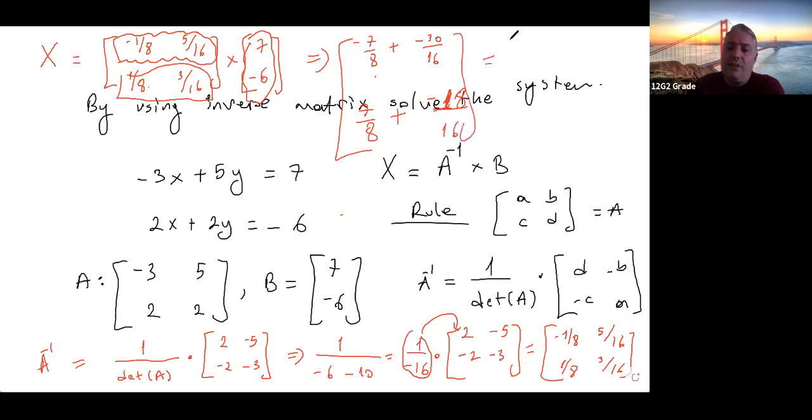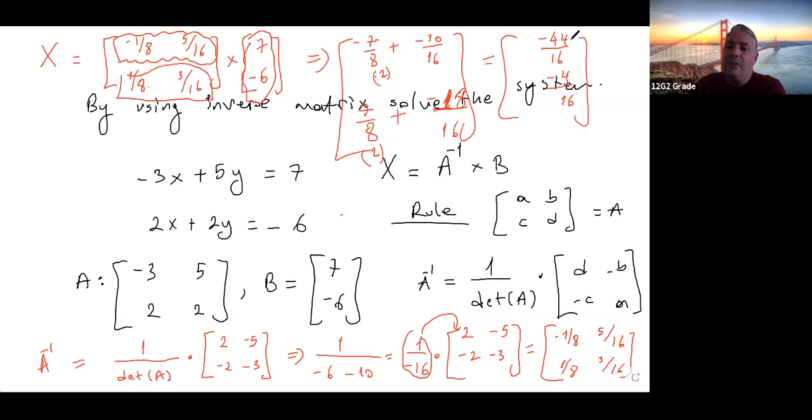So how can I continue after this step? If I equalize the denominator by 2, 2 times -7, -14, and -30, -44 over 16. And this is by 2. 2 times 7, 14. 14 plus -18, -4 over 16.